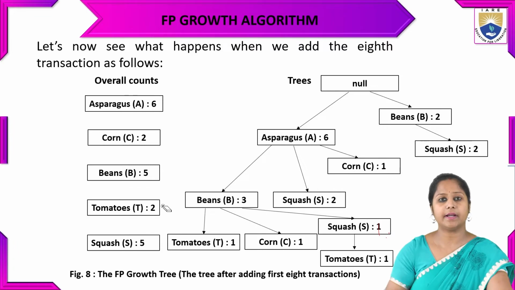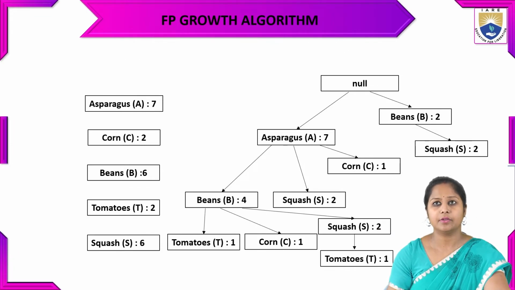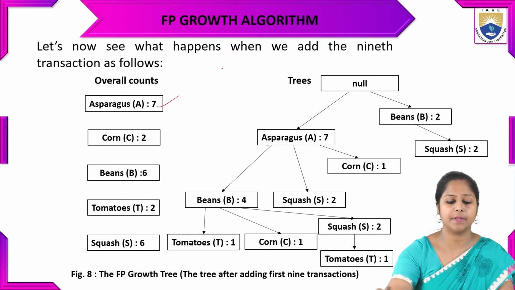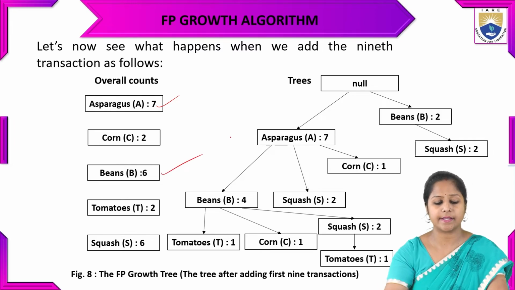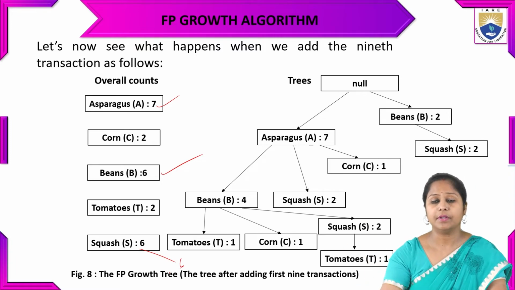Now one last transaction is left, that is transaction 9. In the 9th transaction, we will see the asparagus has been increased to 7, the beans has been increased to 6, and squash has been increased to 6. Now we have to increase the count for that.